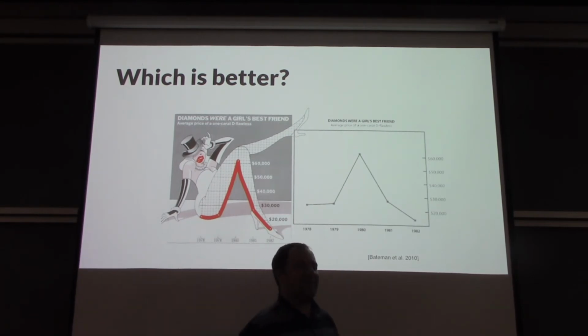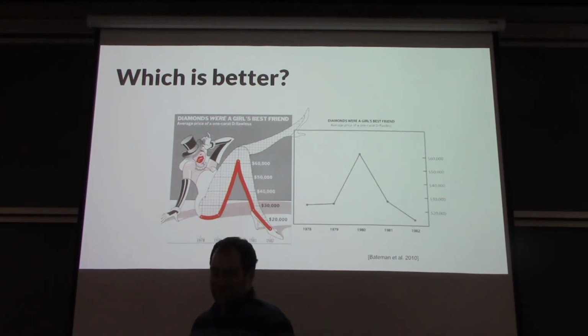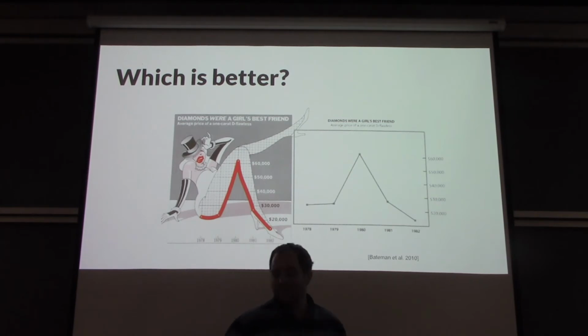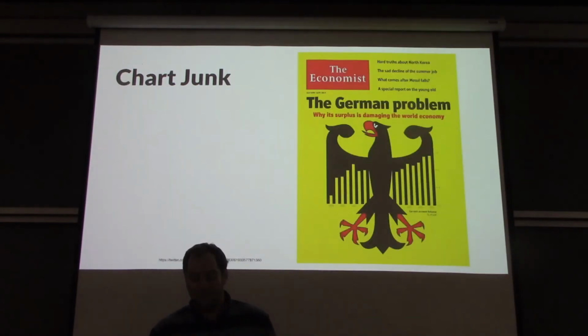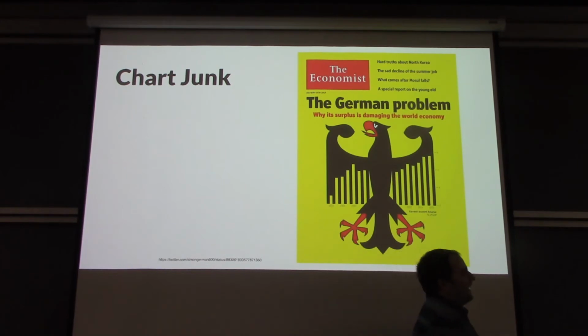So this chart is engaging, right? It tells a story. And so we have this trade-off between making something engaging and exciting and representing the data accurately, or at least that is what we think, that there is a trade-off. But here's another example, which I just recently saw, and I like a lot.